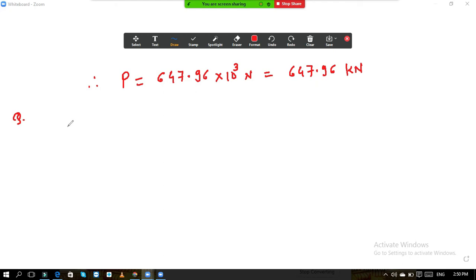A simply supported prestressed concrete beam. Okay, so simply supported. I will write in short, you also write down the given data and solve it. Simply supported prestressed concrete beam, span is given as 8 meter.